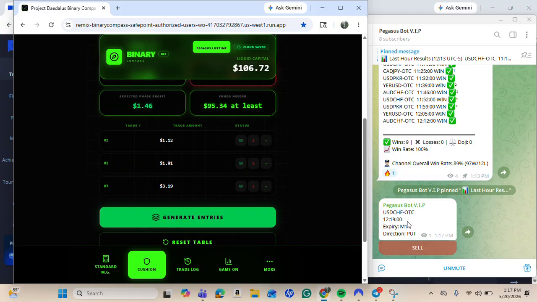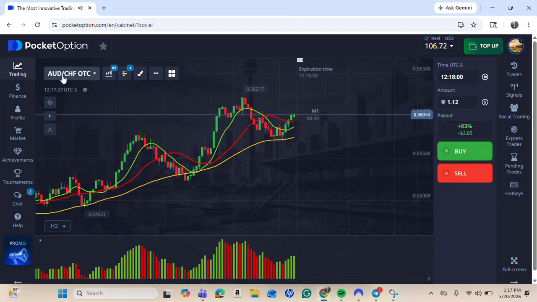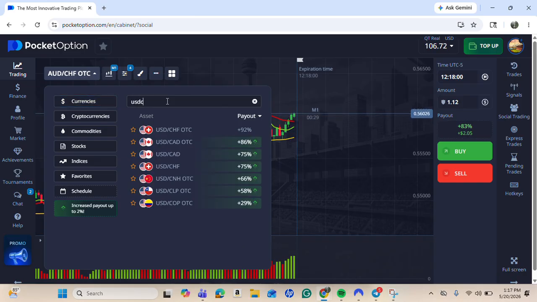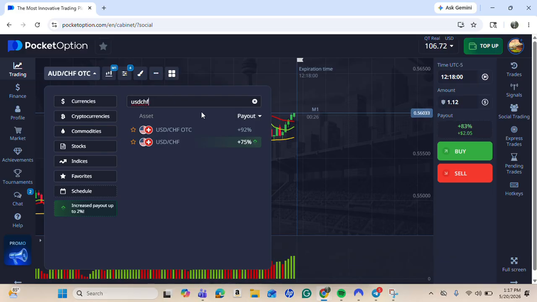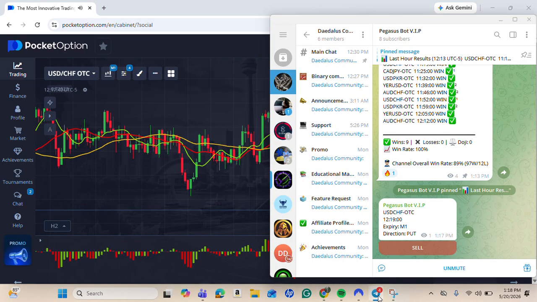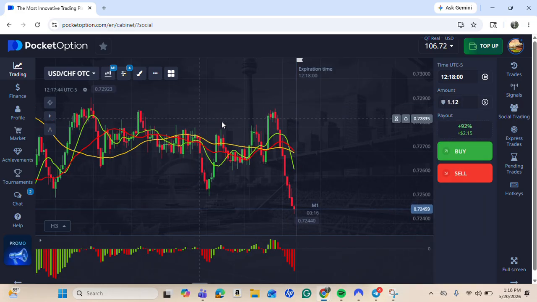Alright, so new signal coming, USD CHF. USD CHF is at 92%. This one said we're selling at 19. I'm supposed to show you how to get that. So we're selling.